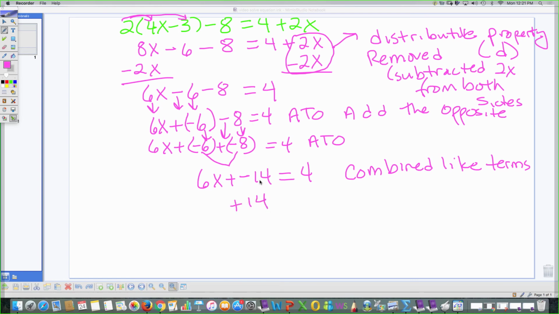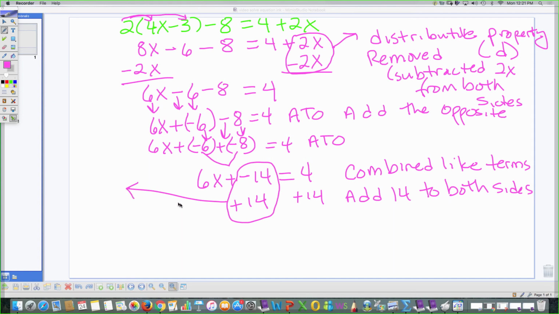So if I was with tiles, I would be adding 14 positive tiles here, which means I have to add matching tiles on both mats. Okay, so add 14 to both sides. Okay, and this is going to make a 0, which is what we wanted.